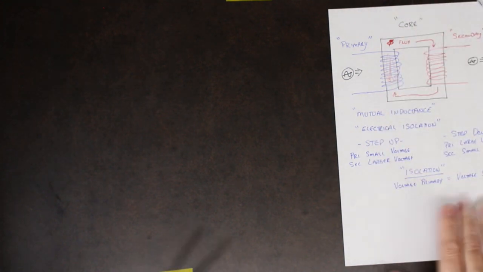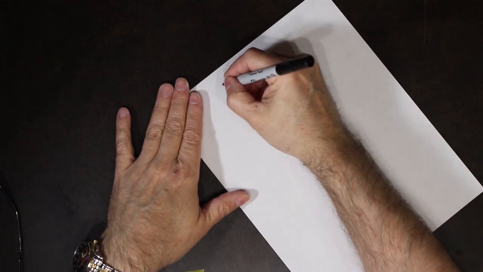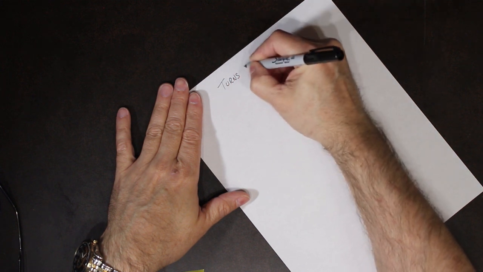So, what is the relationship between the voltage on the primary side, the voltage on the secondary side, and the number of turns? Well, that relationship is described as the turns ratio.